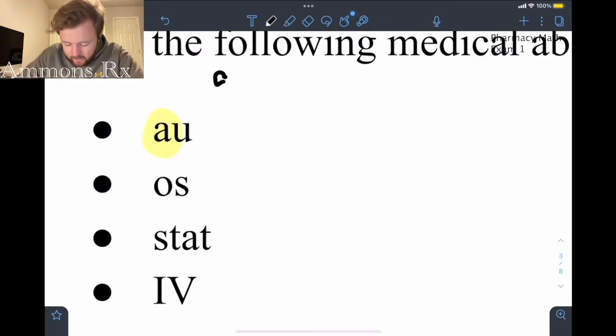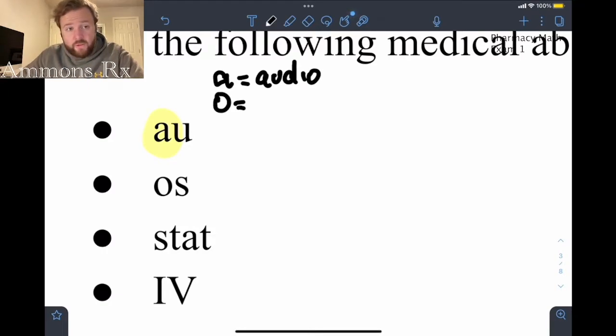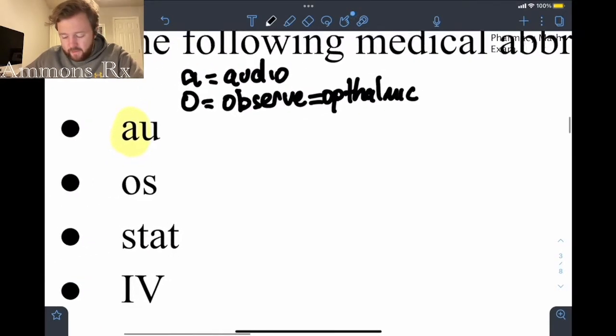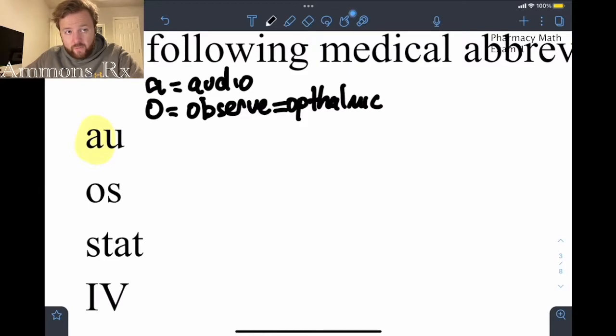So A for audio. What do you do with your eyes? You observe. Or if you want the medical term, it's ophthalmic. So anything you see that has an A in it refers to your ears, and anything with an O in it refers to your eyes.